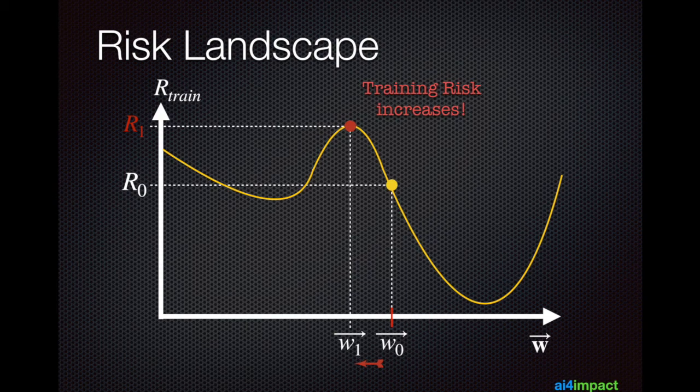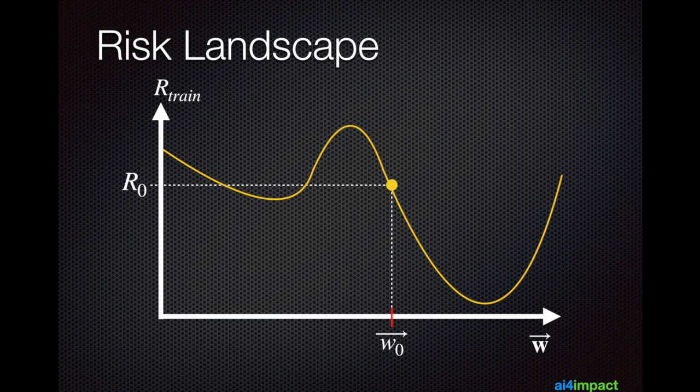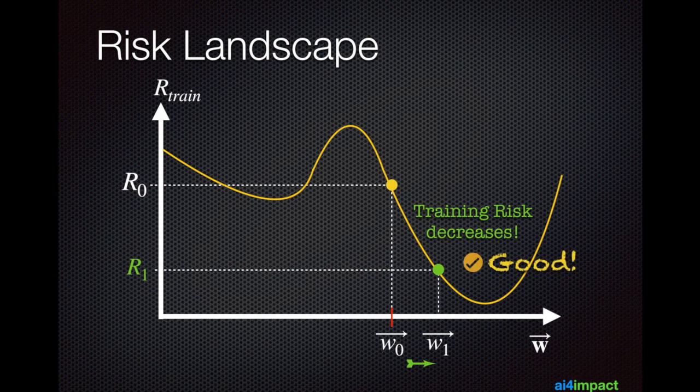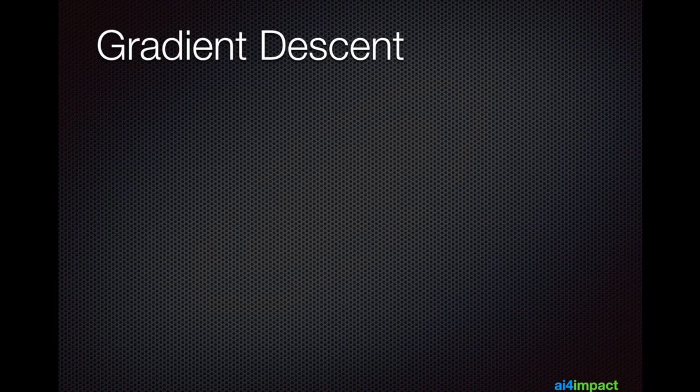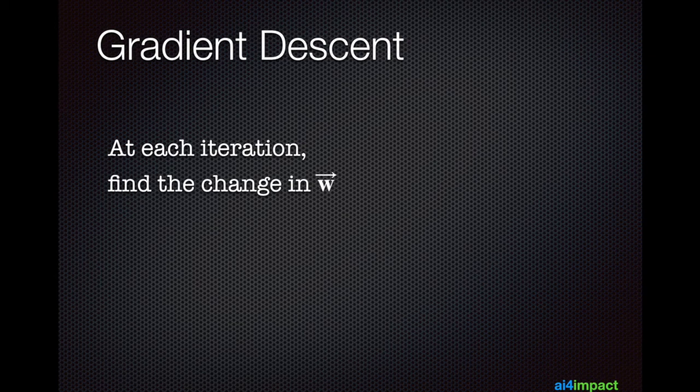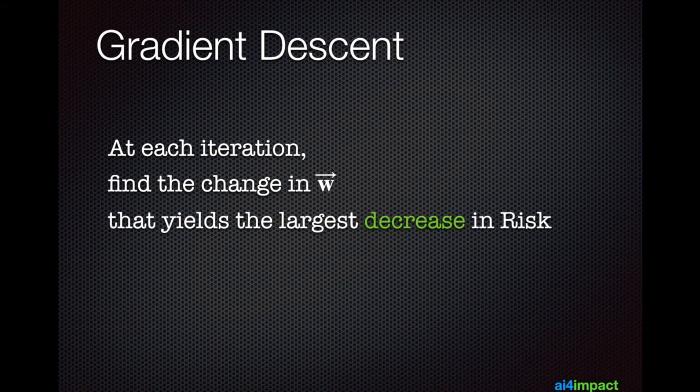What the learning algorithm does is to change it in such a way that the resulting risk after the first iteration is lower than the original risk. Because the training risk decreases, that's good. This method of selecting the direction to move is called gradient descent. At each iteration, we find a change in W that yields the largest decrease in risk. That's gradient descent.